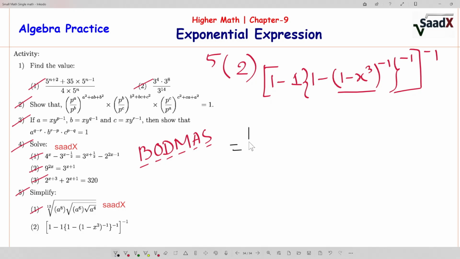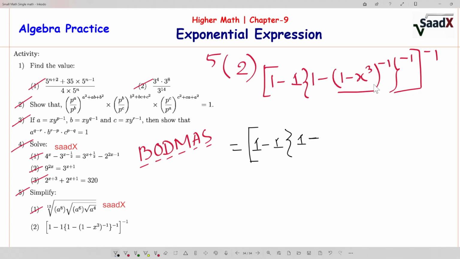So here the third bracket will be unchanged. Under the third bracket, here is 1, then the second bracket starts 1 minus. Look, this is minus, and this bracket's power is what? To the power minus 1.